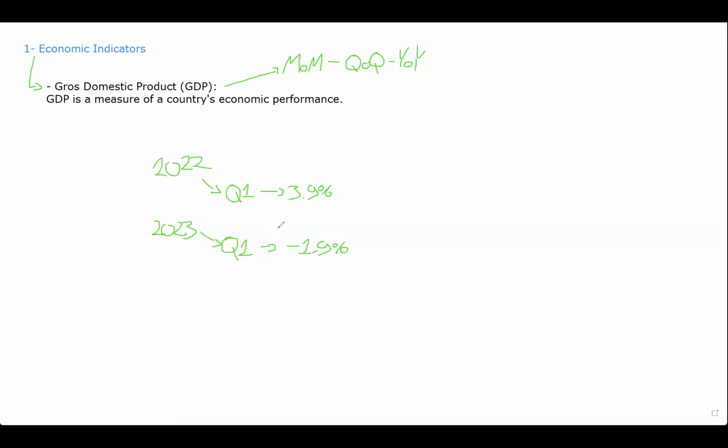Okay, we are taking quarter one of 2022 and quarter one of 2023, and we are comparing quarter over quarter. Quarter one of 2022 was 3.9%, and quarter one of 2023 negative 1.9%.